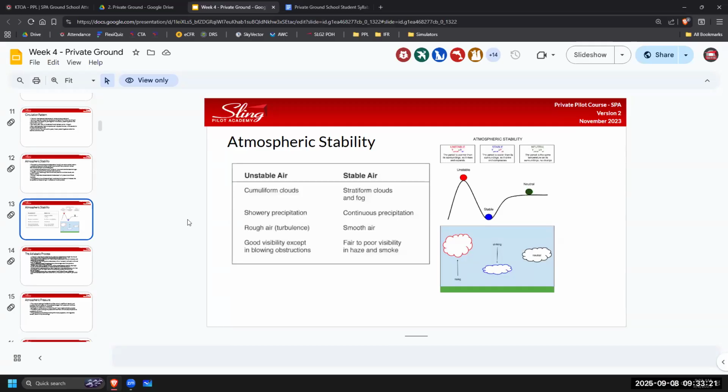If you have stable air, it's keeping those clouds and fog where they are, and clouds and fog create poor visibility, right? Okay. Do we have this chart down? Good. Okay, let's move on.